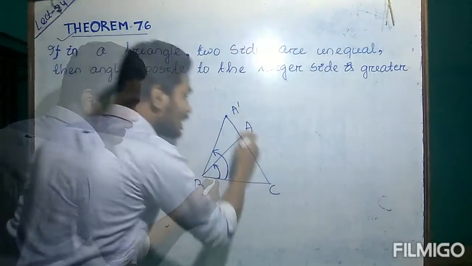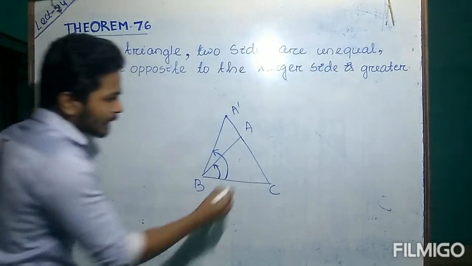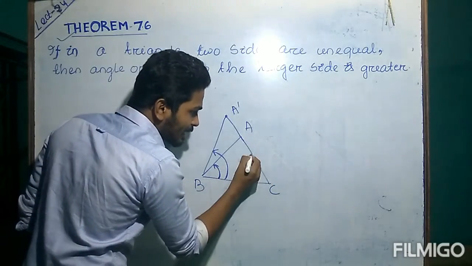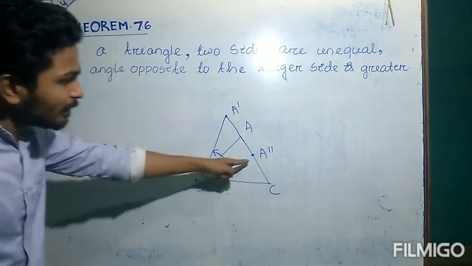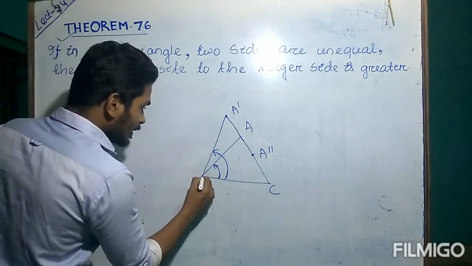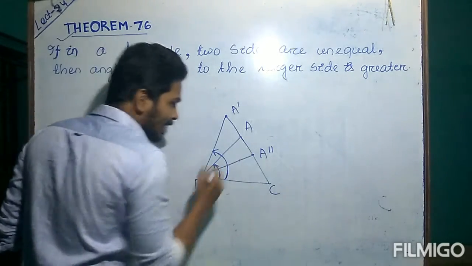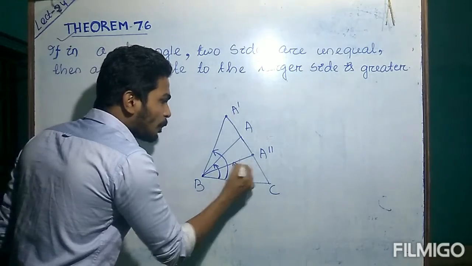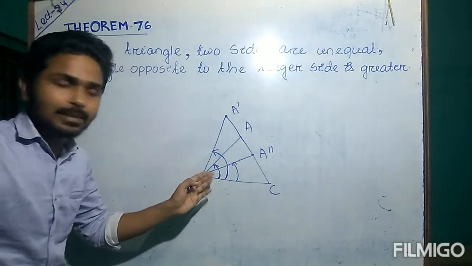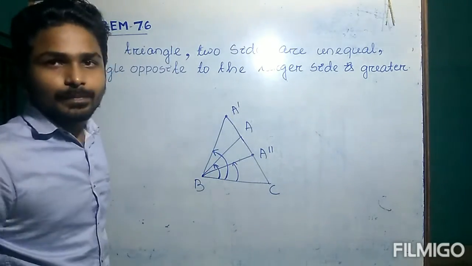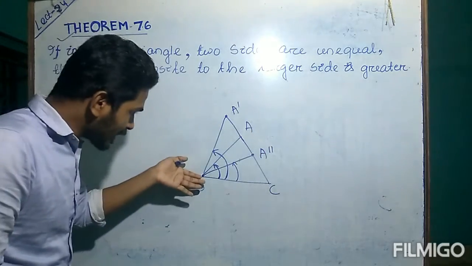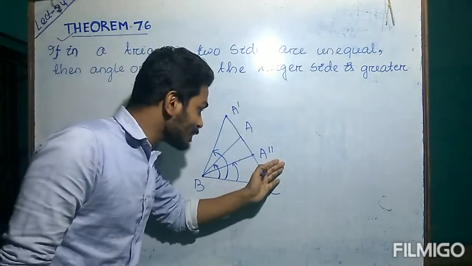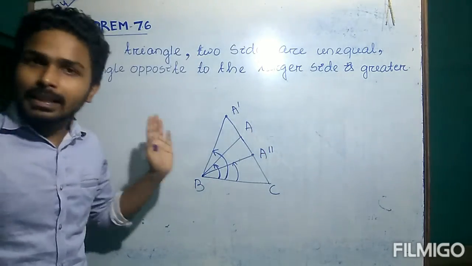Similarly, if we decrease the length of AC to a point A double dash, then the value of its opposite angle also decreases. Understood? So if we increase the length of the side, the opposite angle increases. If we decrease the length of the side, then the opposite angle decreases.